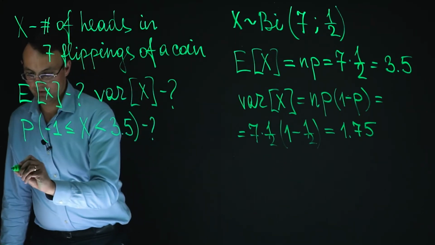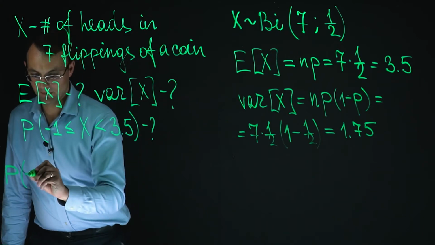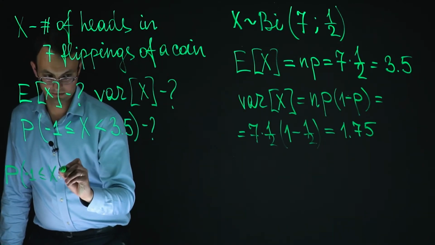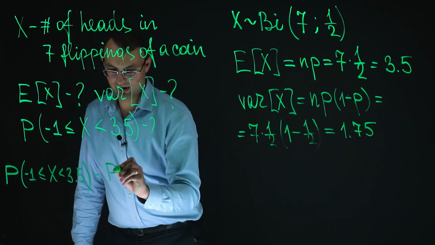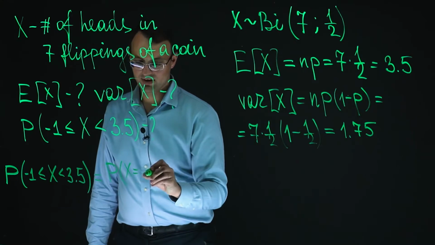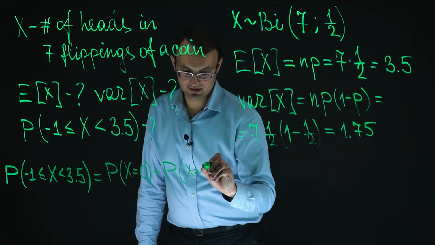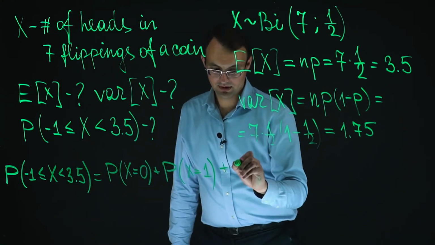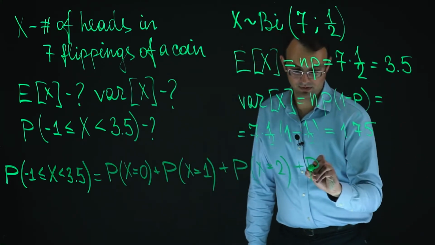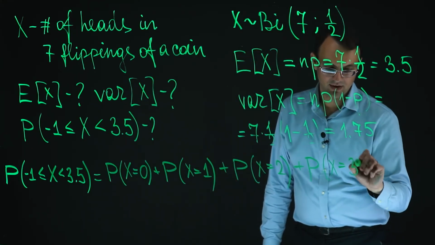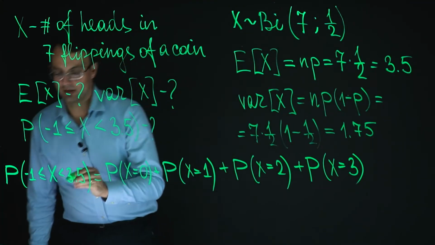So this probability is actually sum of probabilities. So probability that x is 0 plus probability that x is 1 plus probability that x is 2 plus probability that x is 3. So let me remind the Bernoulli formula.